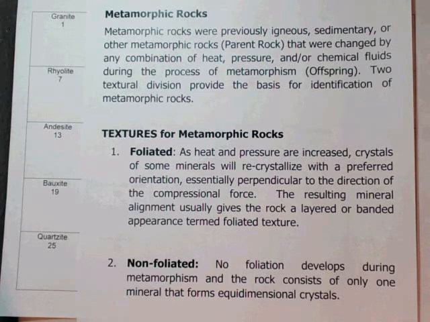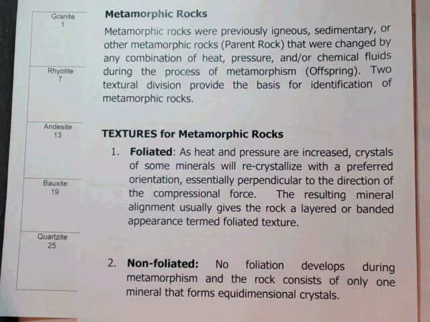And they undergo the process of metamorphism. So we add any combination of increasing the heat, but not to the point of melting. Perhaps we increase the pressure and or activity of chemical fluids on our rock during that process of metamorphism to create an offspring, our product, metamorphic rock.